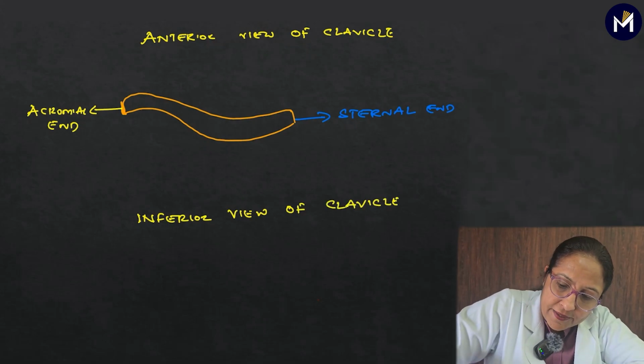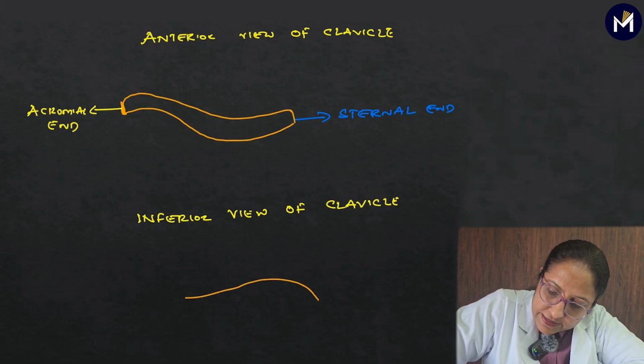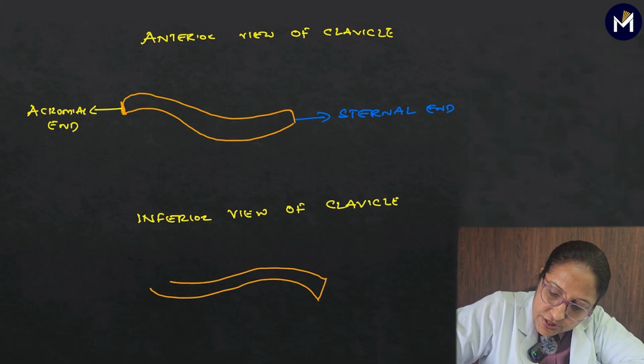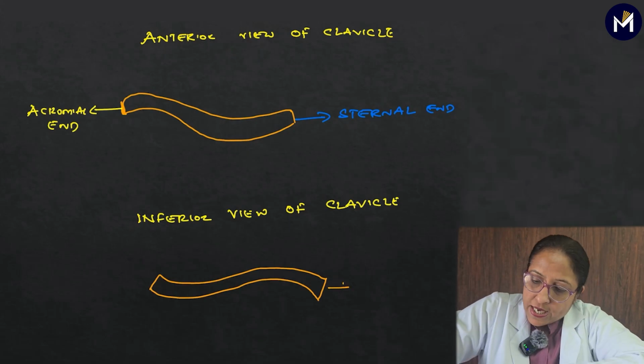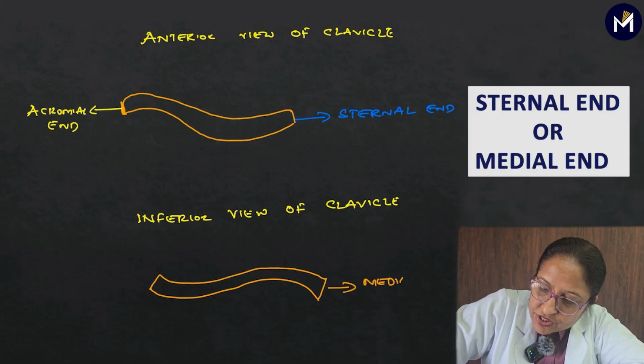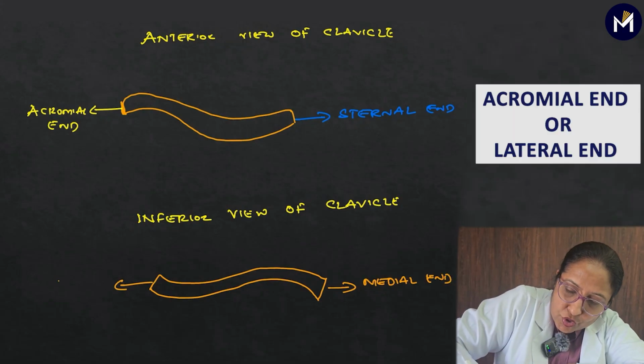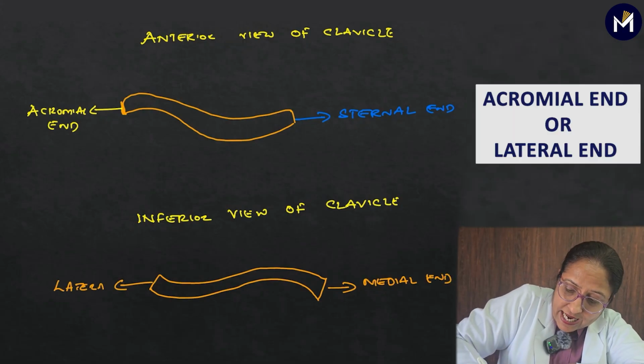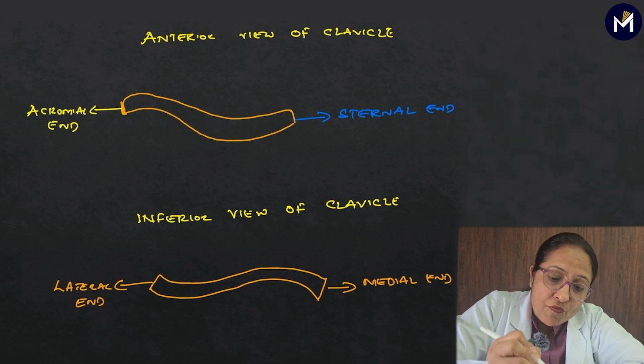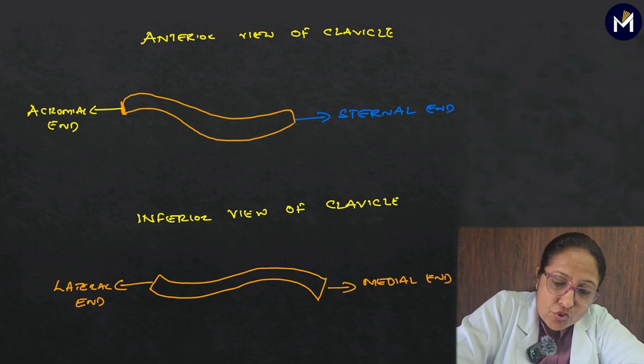So over here, this is how it goes, sternal end, and this is the acromial end. Now, this is the sternal end, which you can also call it as medial end, and this is acromial end. You can also call it as lateral end. Both means the same. Now, we'll quickly draw the attachments over here.